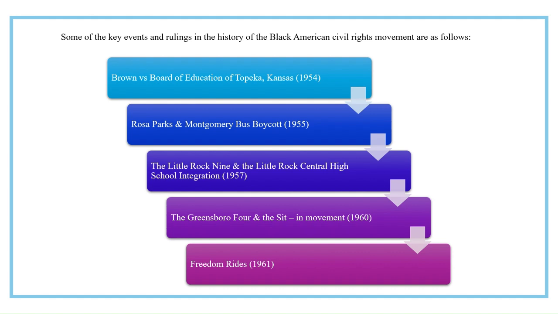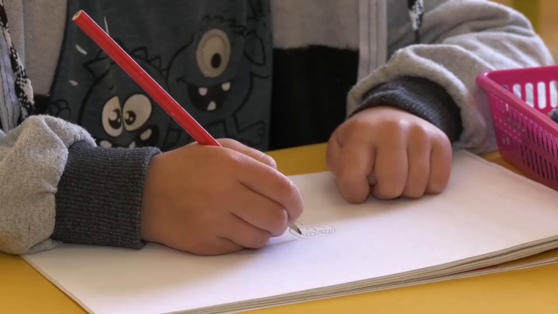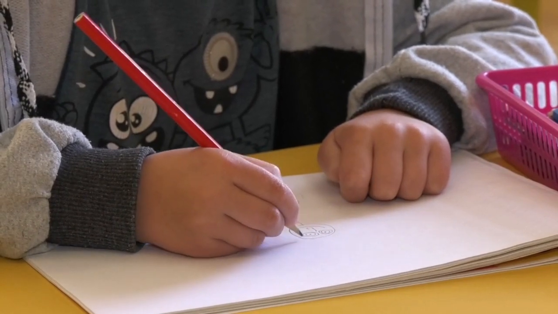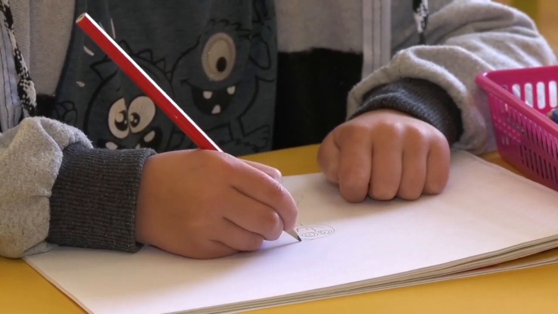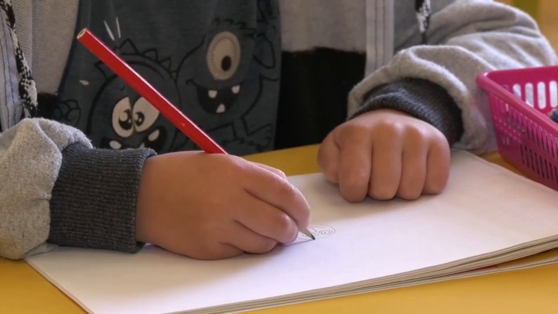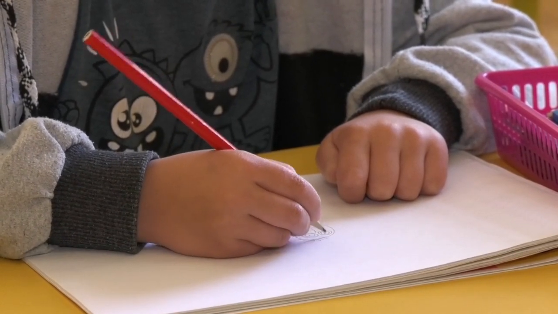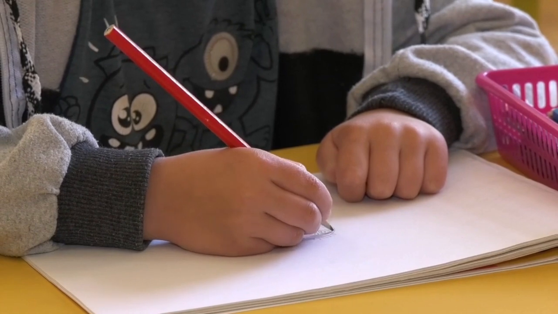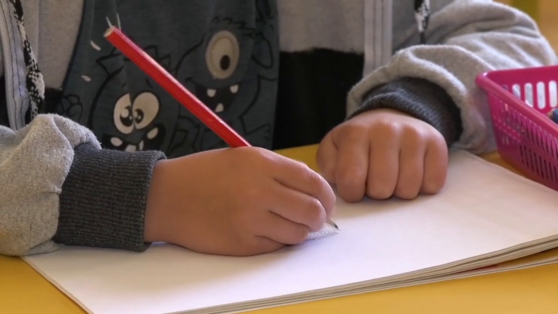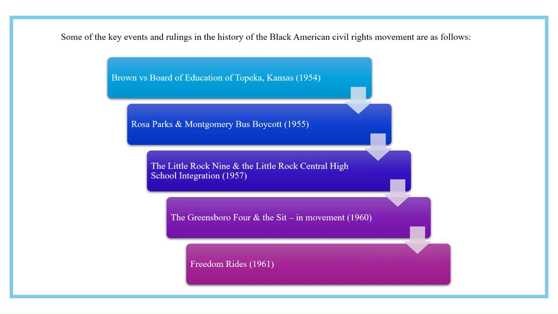Third, the Little Rock Nine and the Little Rock Central High School integration, 1957. In September 1957, nine African American students attended their first day at Little Rock Central High School. This school's student population until that point had been white.